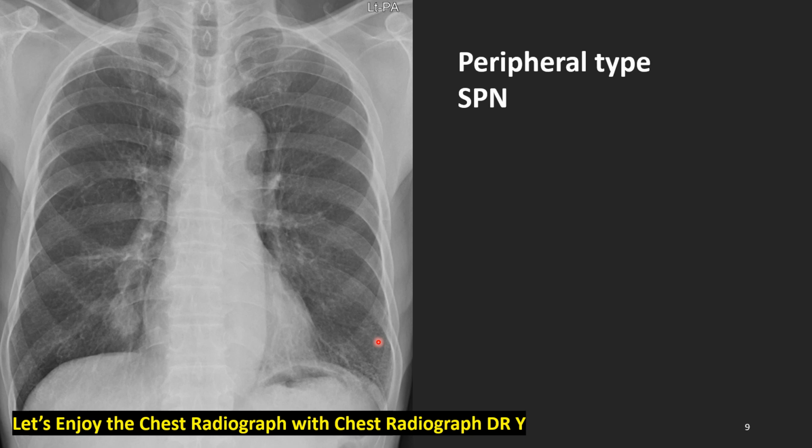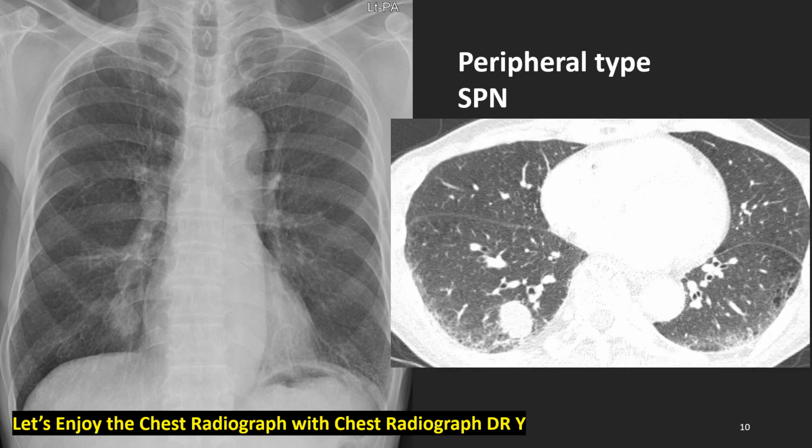In this axial lung window thin section CT, we see a 2 centimeter round solitary pulmonary nodule. Large cell lung cancer manifested as a solitary pulmonary nodule, a coin lesion. It's in the right lower lobe because it is behind the major fissure, and the posterior basal lung shows some honeycomb lung. So he has ILD, interstitial lung disease.